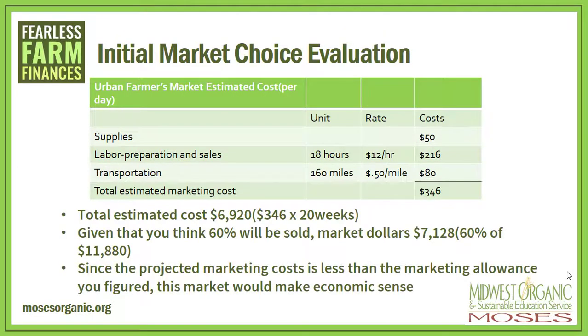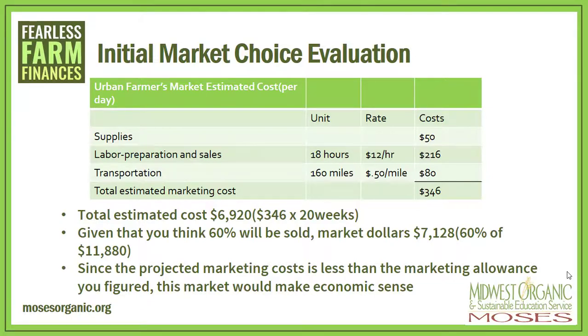So carrying that forward, let's say you have several retail and wholesale market outlets available within a certain driving radius of your farm. There is an urban farmer's market that's a little further away, 80 miles from this farm. You're thinking about 60% of all of your produce could be sold at this market, and then the remaining 40% will be sold through other markets, possibly the last two that you evaluated.